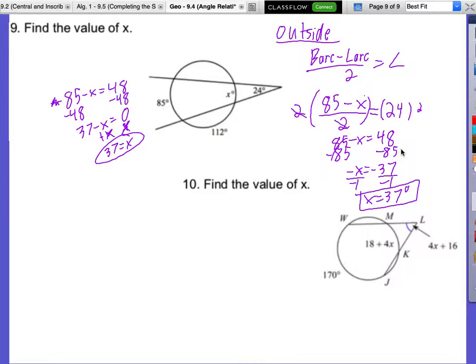I took 170 plus 4, plus 1, and I divided it by 2, and then I set it equal to 4x plus 69 minus 2. So here's the thing. You subtract this minus this, you just subtract the whole arc. You just subtracted 18, you just subtract 4x. It's going to make your answer big. Yeah, it is.